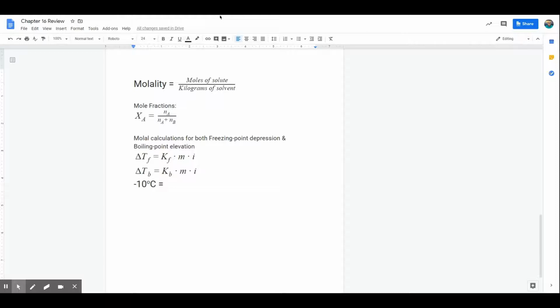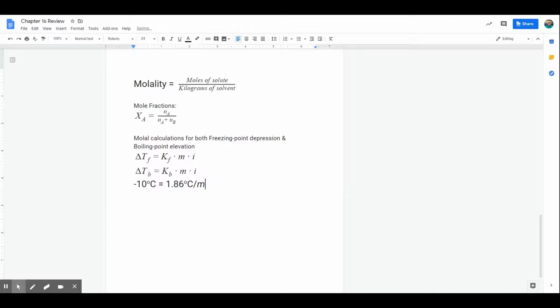I would type in NaCl Kf constant, and it would return a value of 1.86 degrees Celsius per molal. So 1.86 degrees Celsius per molal. And I would italicize this right here because it's molality.